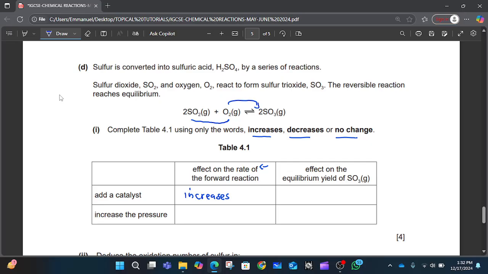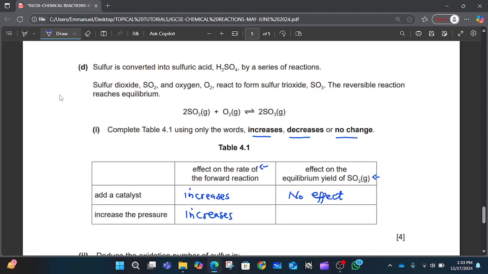So increase in pressure will also increase the rate of the forward reaction. Now, for the effect of catalyst on the equilibrium yield of SO3, a catalyst only increases the rate of a reaction. It does not change the equilibrium position. So there is no way a catalyst is going to have an effect on the equilibrium yield of SO3.